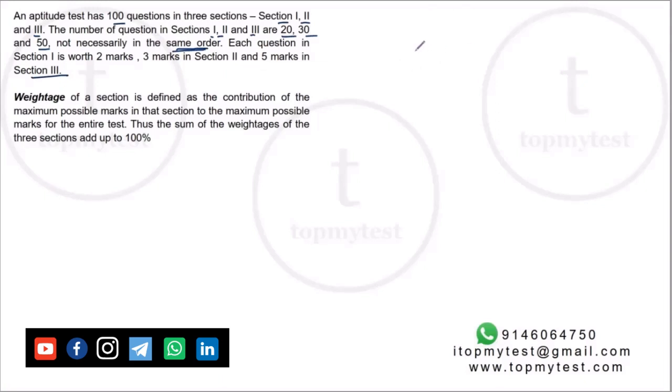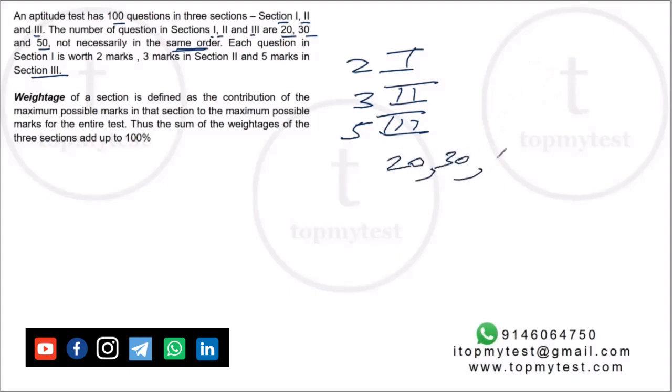So we have 3 sections, 2 mark questions, 3 mark questions, 5 mark questions. Now, number of questions would be 20, 30 and 50. So scenarios can be section 1 has 20, section 2 has 30, section 3 has 50. You can equally well have section 1 having 50, section 2 having 20, section 3 having 30 and all those scenarios. How many scenarios will be possible?